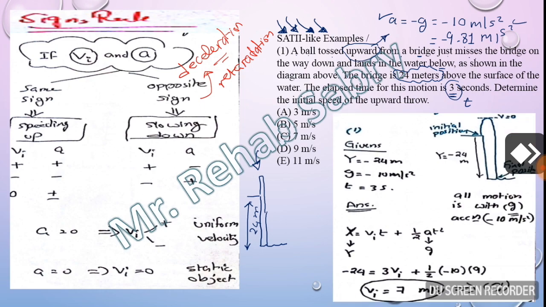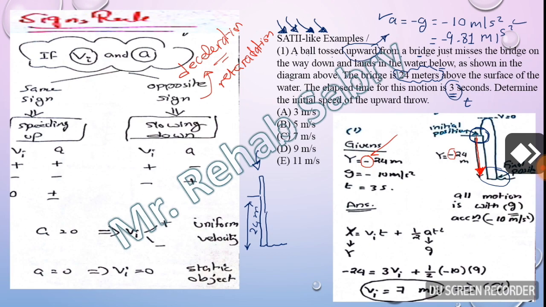Here, this is the initial position, and this is the final position. The distance between them is 24, but it's moving downward, so it's negative. So y is negative.